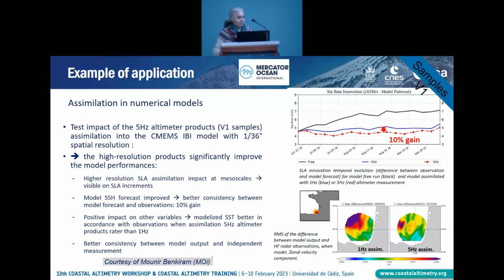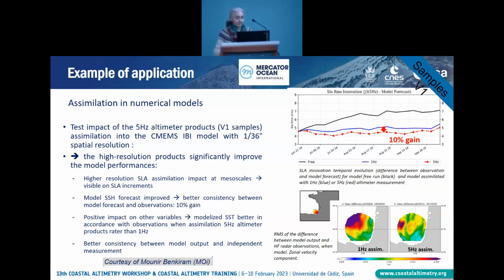Now some examples of application with this level 3 5 Hz product. The first application is that we can use this product for assimilation in numerical models. So this was tested by Mercator Ocean with a regional model over the Iberian region.